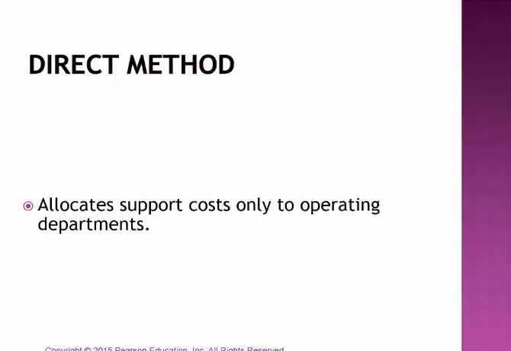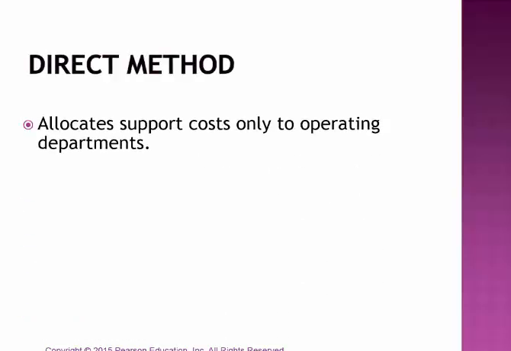All right, so let's take a look at the direct method first. Again, what we're trying to do is we're taking the support department's cost, all of the costs that they have in their particular department, and then allocating those on further so that we can continue to take the cost and spread them around to where they need to go so that we can make better decisions.